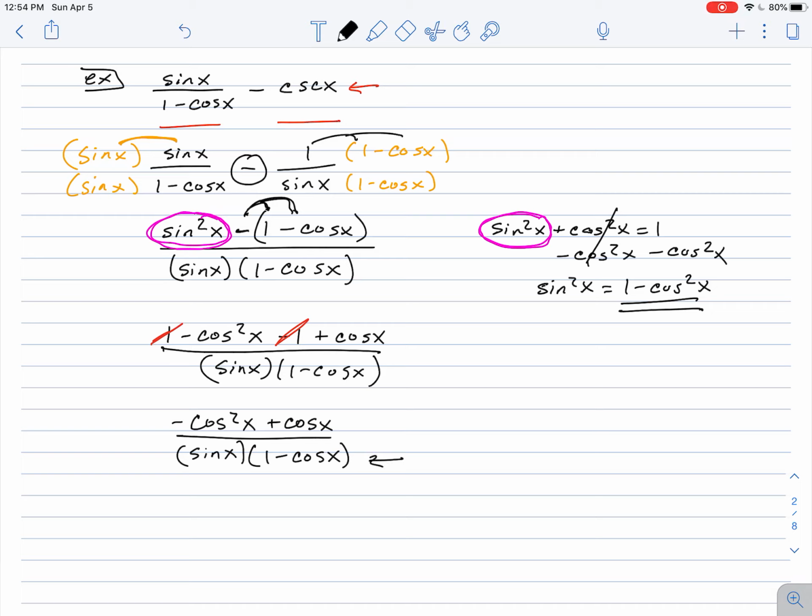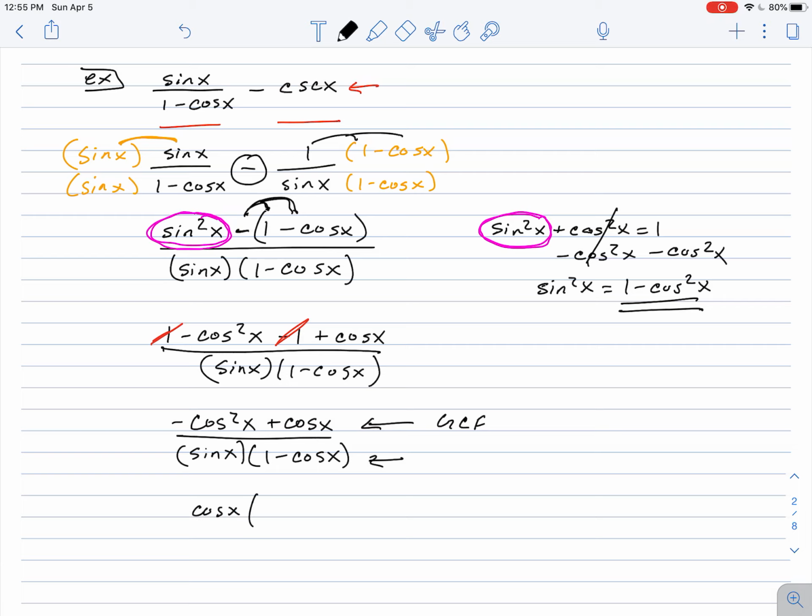It's two things multiplied. The top is not. So maybe I want to think about factoring that. The first thing I think of when I think of factoring is, is there a greatest common factor? So do these two terms have anything in common? Oh, yeah, they do. They have a cosine in common.